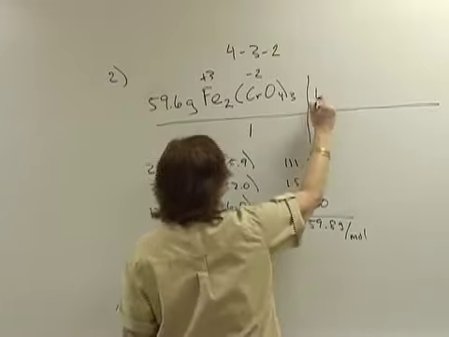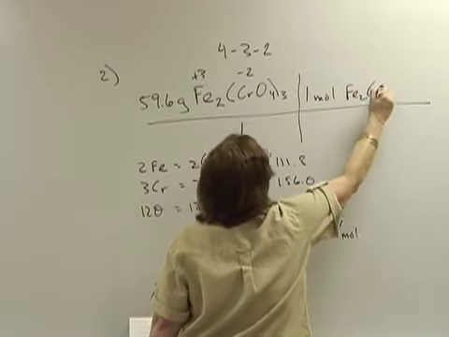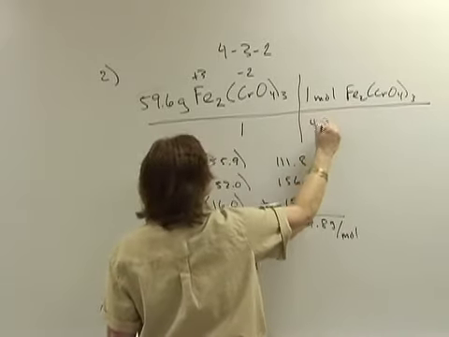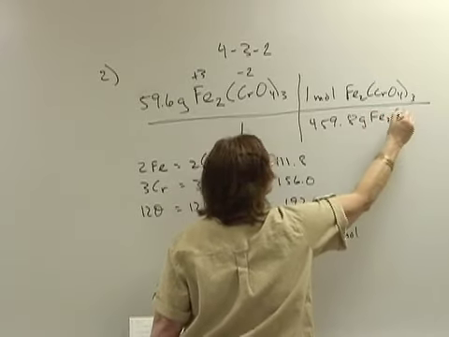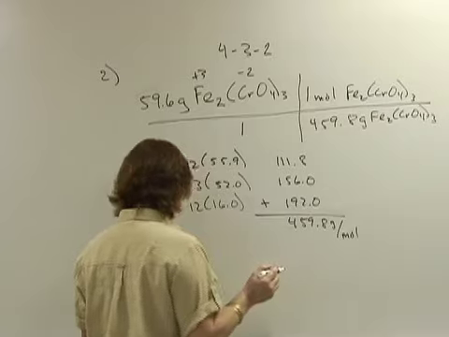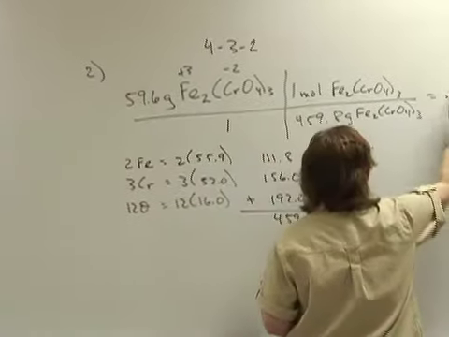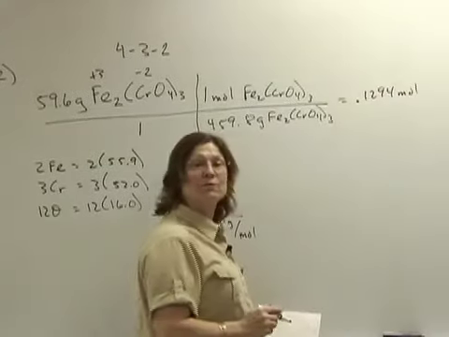I want to find moles, therefore they go in the top. And I want to cancel my grams, and therefore it goes in the bottom. And that gives me 0.1294 moles of the iron 3 chromate.